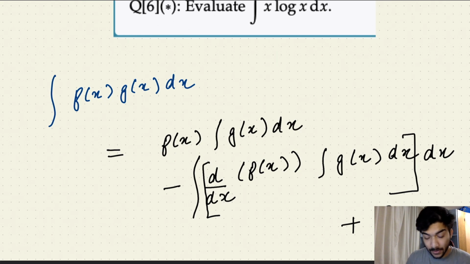Then for the second expression, you differentiate your first function, integrate your second function, and then integrate this whole expression over here, right?